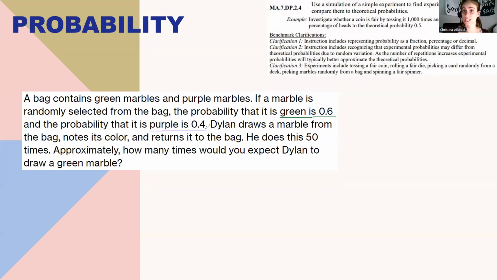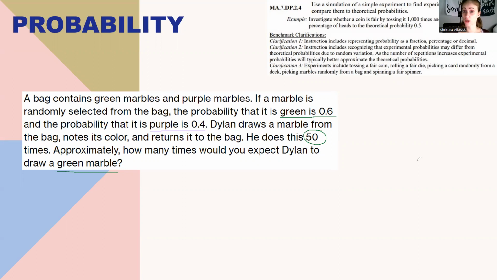So that then moves to experimental probability. And we are being asked to find approximately how many times would you expect Dylan to draw a green marble. Though we know that he's doing this 50 times, we don't have his chart of him notating each color to find the exact experimental probability.